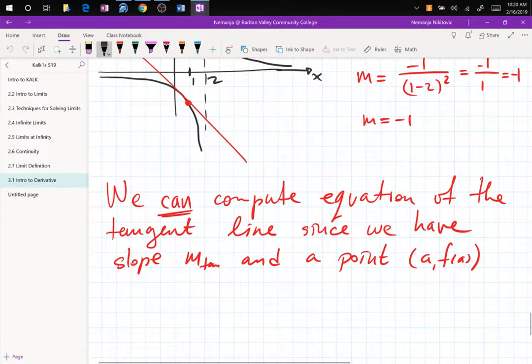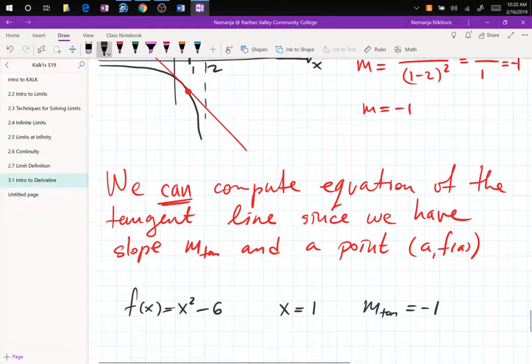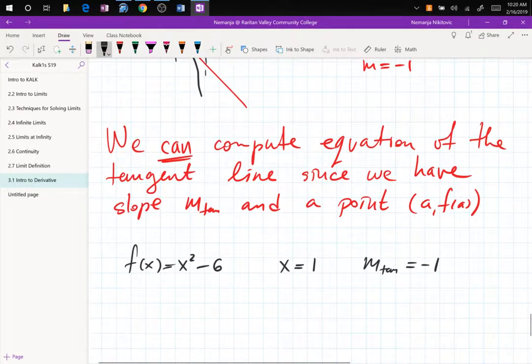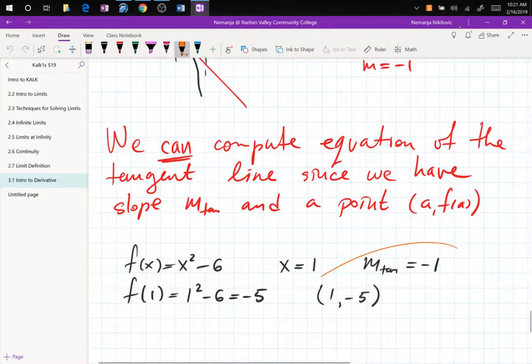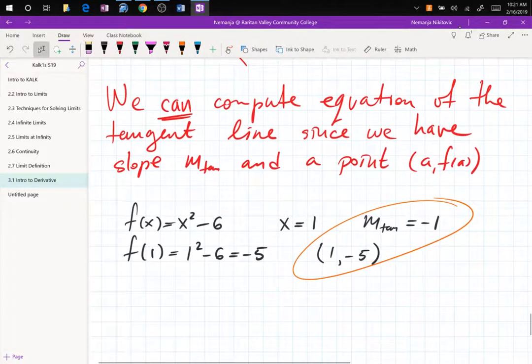So what are the specs? I have that f of x is x squared minus 6. I have that x is given as +1, and we calculated m tangent to be -1. So now I can calculate f of 1, which is 1 squared minus 6, which is -5, and that gives me a point, and I have the slope.